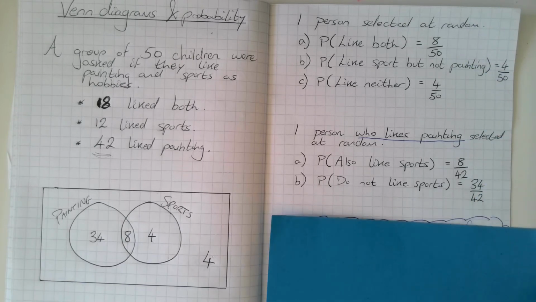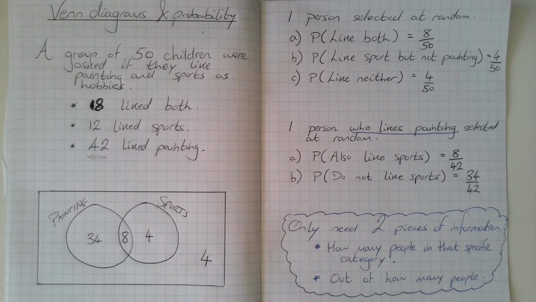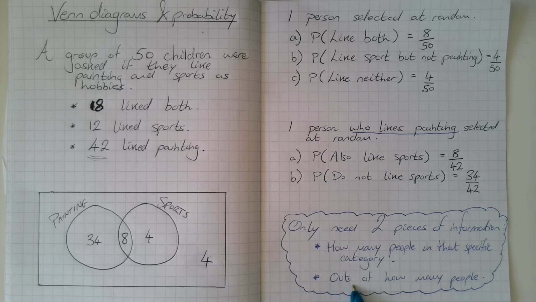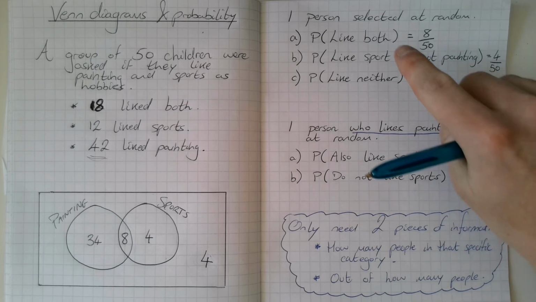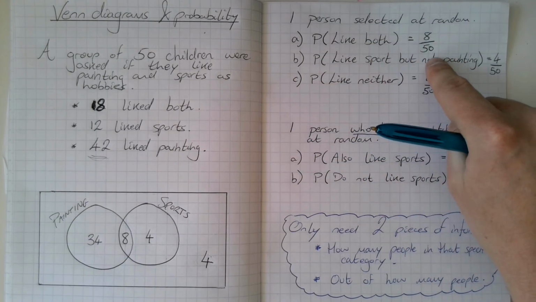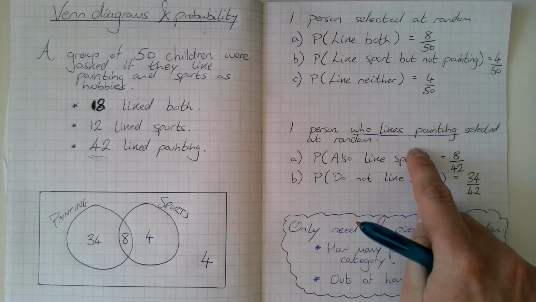I guess the only 2 things you need to remember for each of these questions in order to give your probabilities. The first thing is how many people are in that specific category that you're looking for. And the second thing is out of how many people. And out of how many people will depend on whether the person selected is out of the whole group, like section A, or if it's one person from a specific circle.